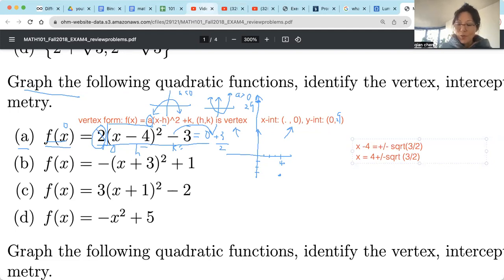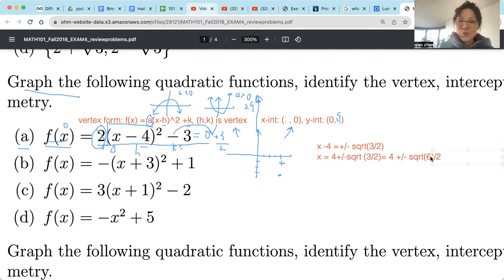This can be written as 4 plus or minus square root of 6 divided by 2, because we want the denominator to be a rational number. So what did I do? I multiply square root 2 for the numerator and the denominator. Square root 2 times square root 3 becomes square root of 6. Square root 2 times square root 2 becomes 2. So in the end, my solution is 4 plus square root of 6 over 2 and 4 minus square root of 6 over 2.